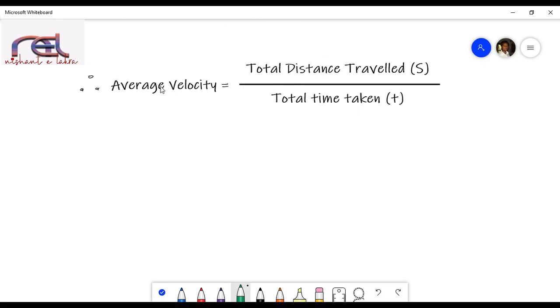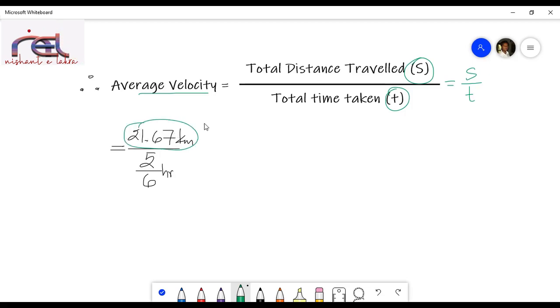Therefore, average velocity is equal to total distance traveled by total time taken, that is S by T. So the total distance traveled is 21.67 kilometer. We just calculated it. And total time taken is 5 by 6 hour.